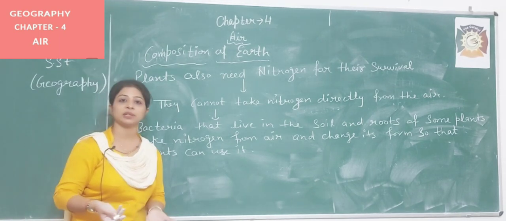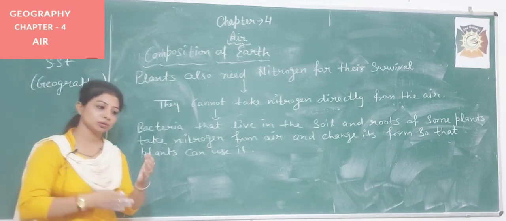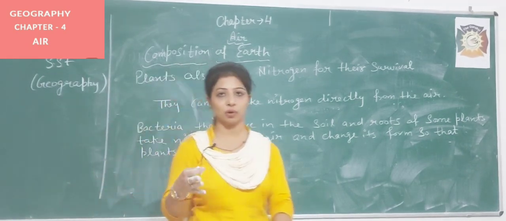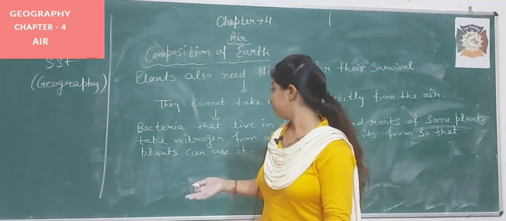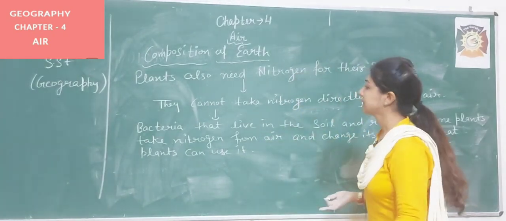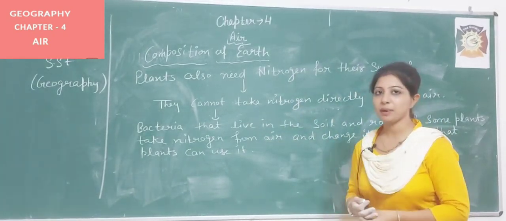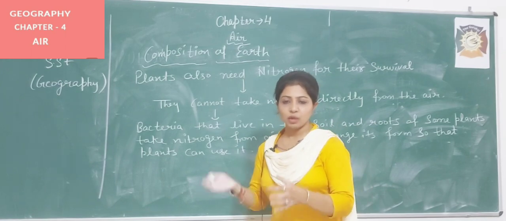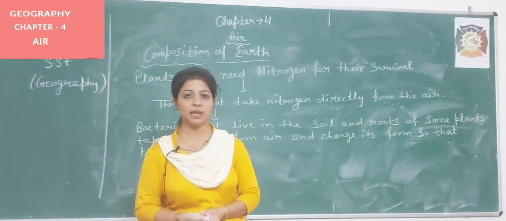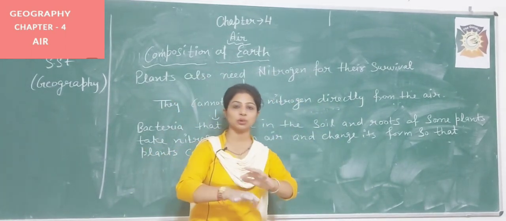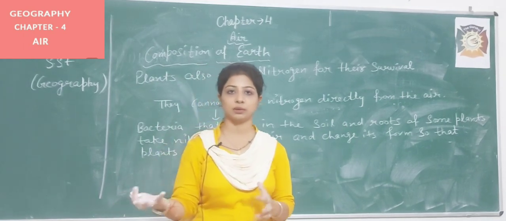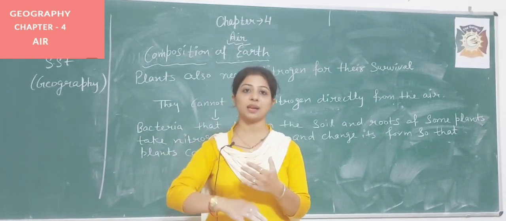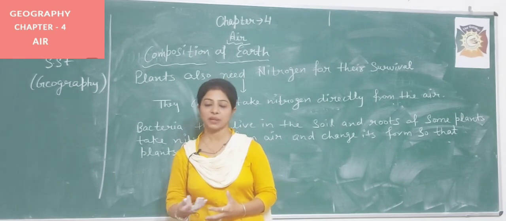Bacteria help them to take the nitrogen from the air and also change the form, which will be beneficial for the plants, and they use it. So ultimately plants get nitrogen. Human beings also need nitrogen, but they don't need to depend on anything else. They can directly take the nitrogen from the atmosphere.